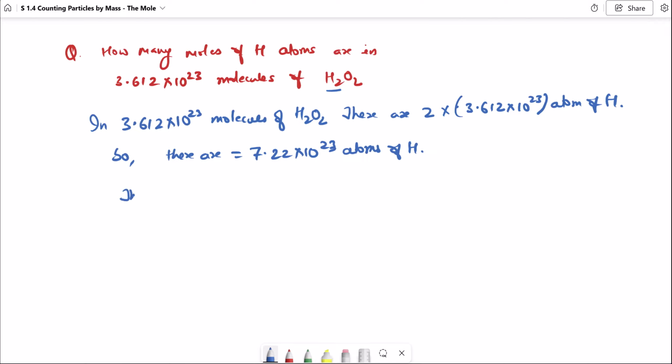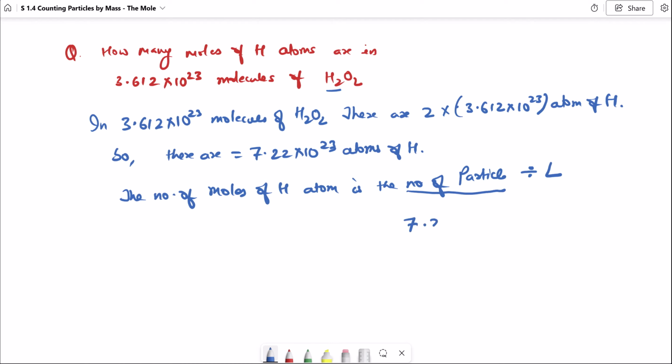Now the number of moles of hydrogen atoms is the number of particles divided by L, that is Avogadro's number. So the number of particles we have calculated, 7.22 into 10 to the power 23, divided by 6.02 into 10 to the power 23.